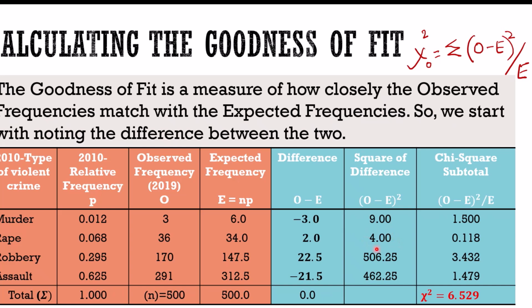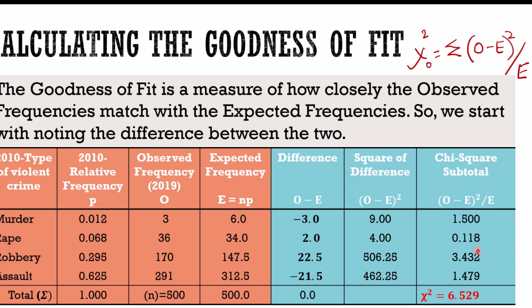All right. And then the final column is to take all the squared difference values and divide them by their expected frequencies. Therefore, 9 divided by 6 gives us 1.5. 4 divided by 34 is 0.118.